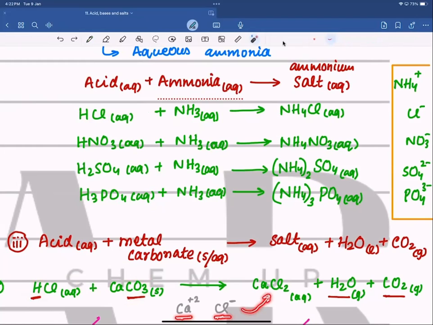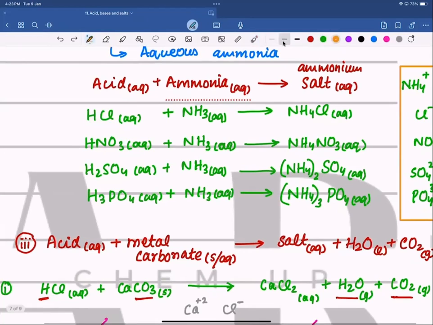Now, your question: there is 1 hydrogen over here and there are 2 hydrogens over here, right? So we do it by balancing, and the best way of balancing is always to start with the salt. How many chlorine are here? 2. So I'm going to put a 2 over here. Then chlorine becomes 2 on both sides, and that makes the hydrogen also 2.